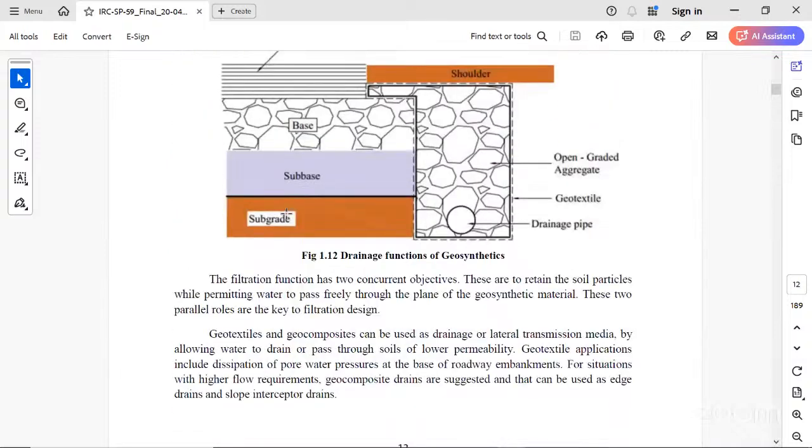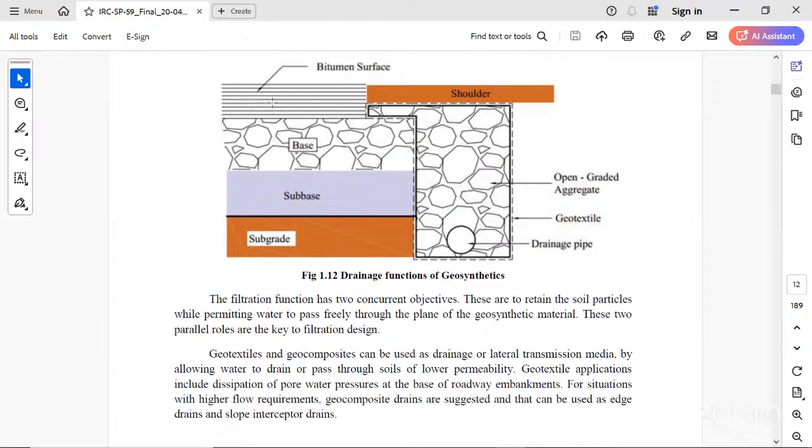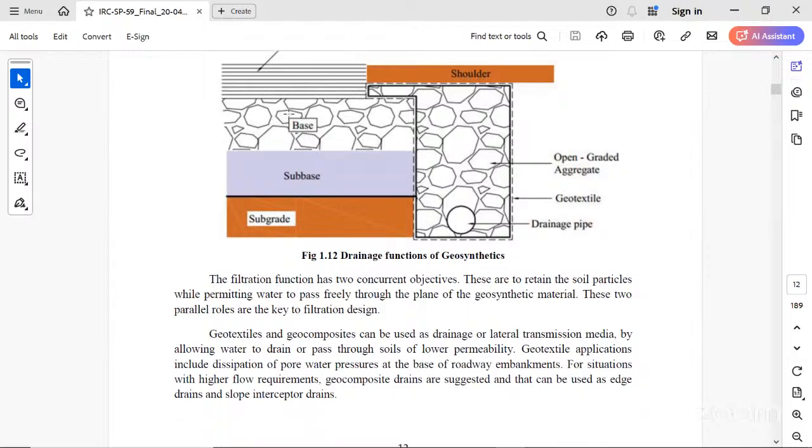Basically, you have the subgrade, then a geotextile, and then the sub-base material and base material. The sub-base and base material have their own particle size distribution, and then you have the wearing coat, the wearing surface.